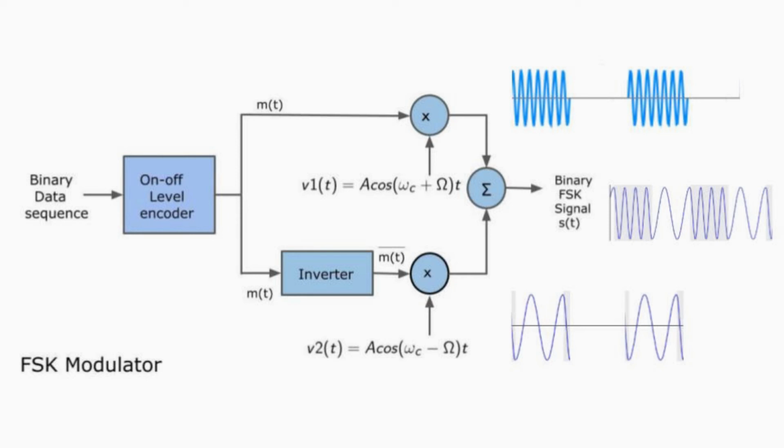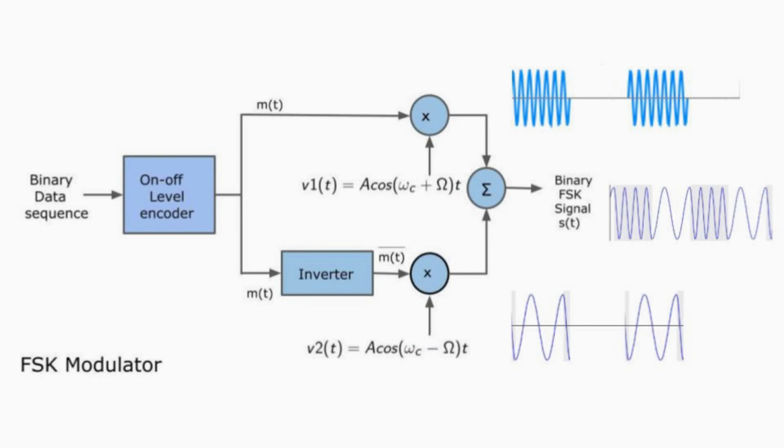To the other input of the product modulators, the different frequency sinusoidal carrier signals V1(t) = A cos(ωC + Ω)t and V2(t) = A cos(ωC − Ω)t are applied.